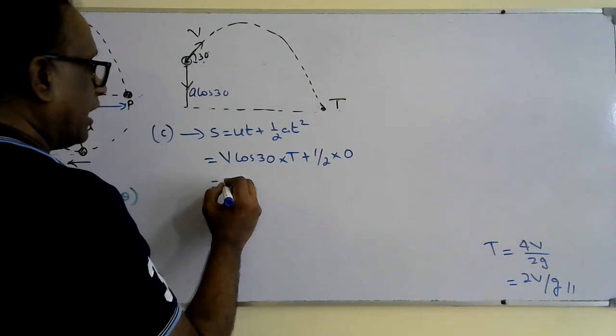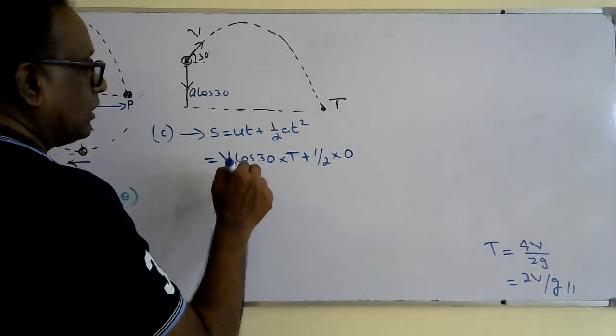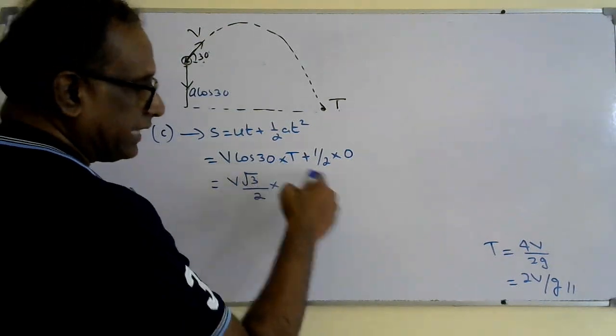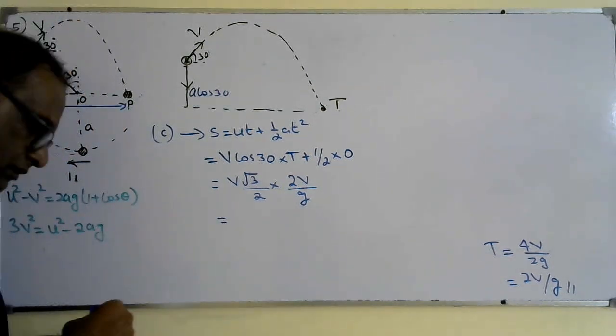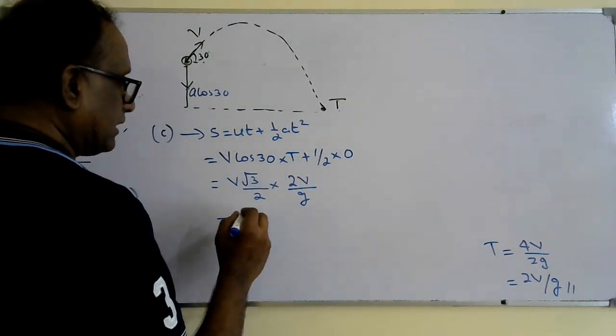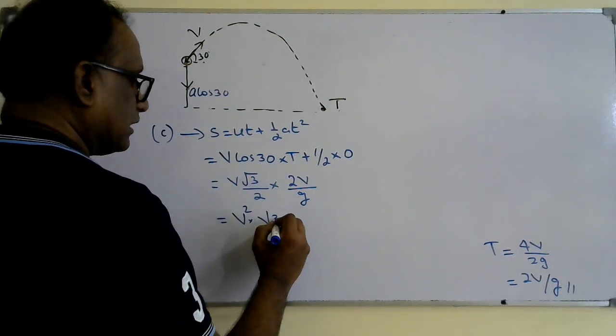So that's going to be V cos 30, substitute cos 30 means root 3 by 2, V root 3 by 2 into, instead of T, 2V over G. Okay, so 2 will get cancelled, V squared into root 3 over G.